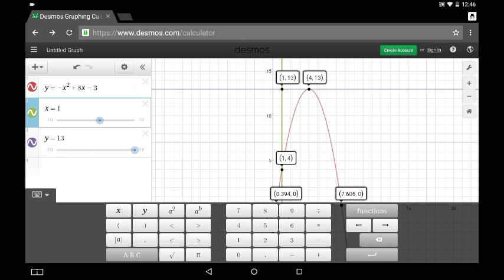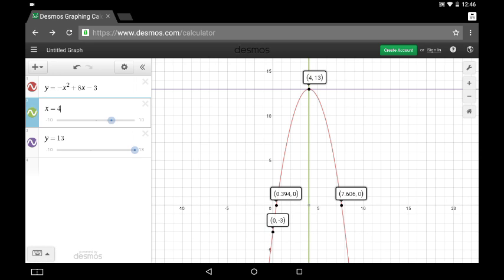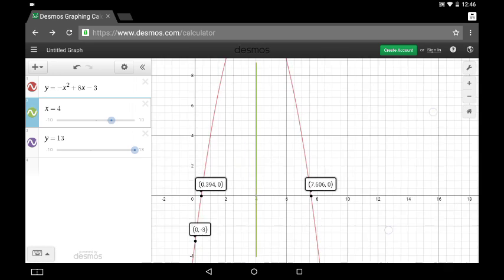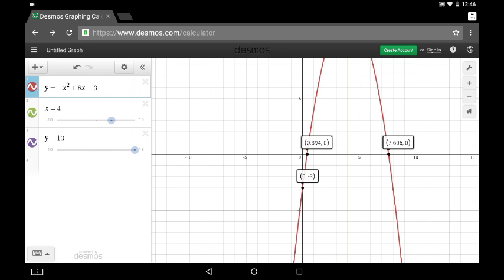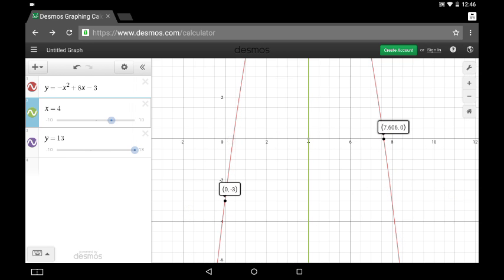Our axis of symmetry needs to go through x equals 4. Our y-intercept, if I zoom in over here a little bit, is still at (0, -3). And our x-intercepts are at really awkward numbers, but they're right here and here.